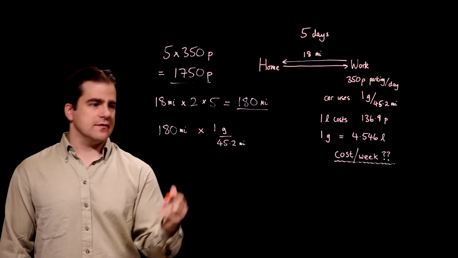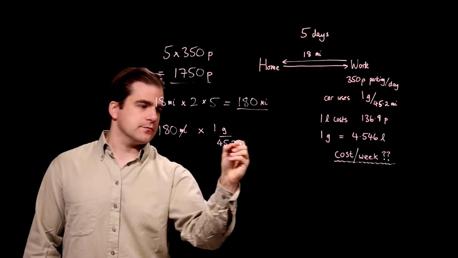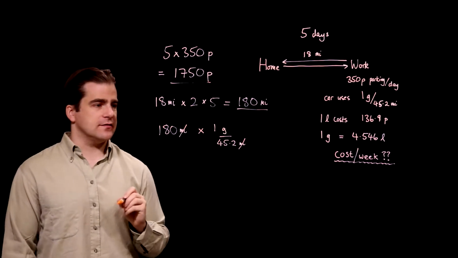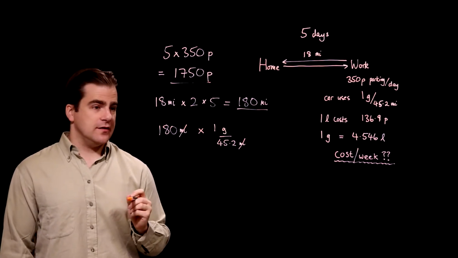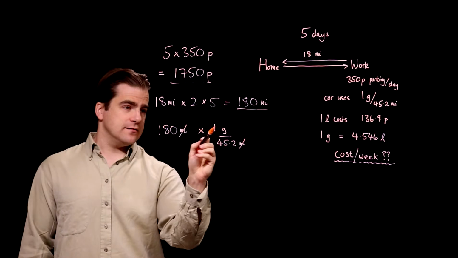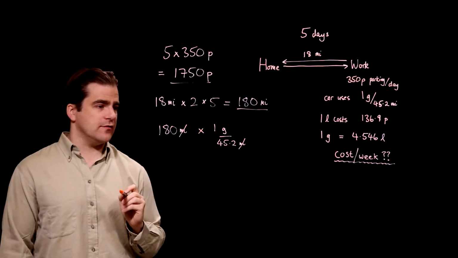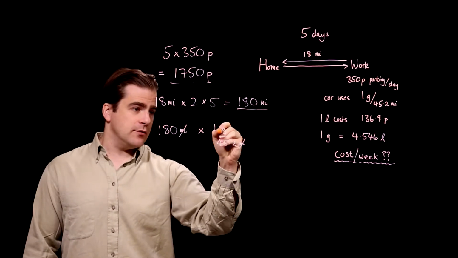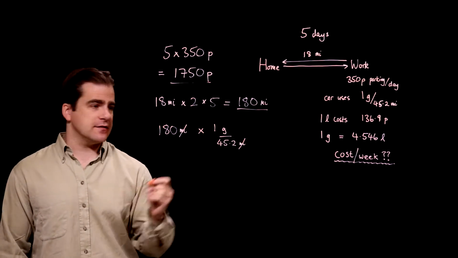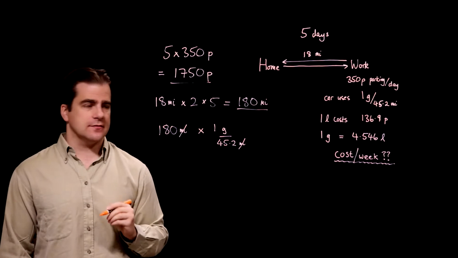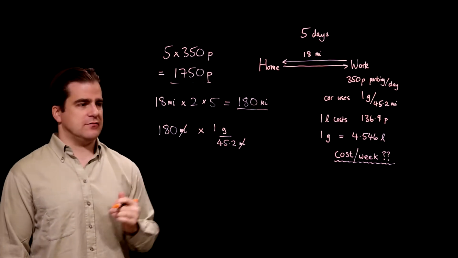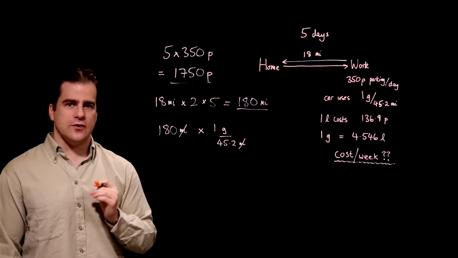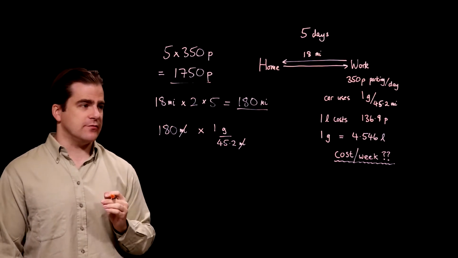You can cancel them, and we're left with just gallons. So if we do 180 times 1 divided by 45.2, there's no more miles anymore, and we're only left with gallons. That'll tell us how many gallons he uses. I call it the units method, and you should use it. It makes life pretty easy.